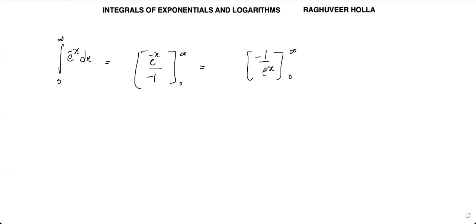Now as x grows to infinity, e to the power of x grows and the whole term approaches 0. So that is 0. Then this is minus of minus 1 by e to the power of 0, which is 1. So the answer is equal to 1.